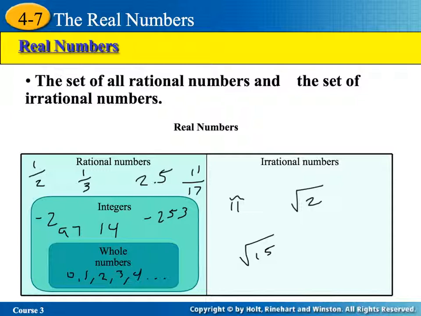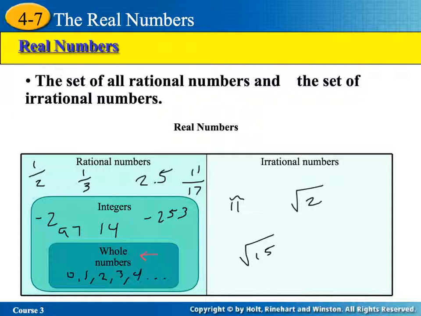Real numbers are the set of rational numbers and the set of irrational numbers. When you look at real numbers, there are classifications. I'm going to start down here at whole numbers. Whole numbers are any numbers that you could count on your hand: 0, 1, 2, 3, 4, 5, 6, 7, 8, 9, 10, all the way to positive infinity.